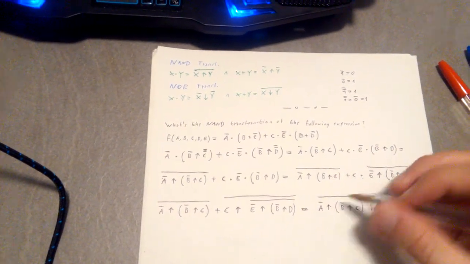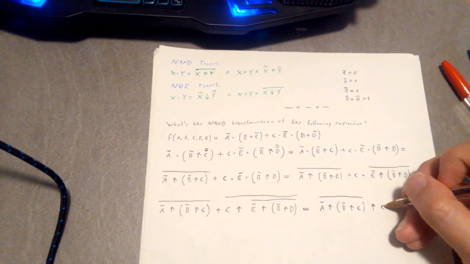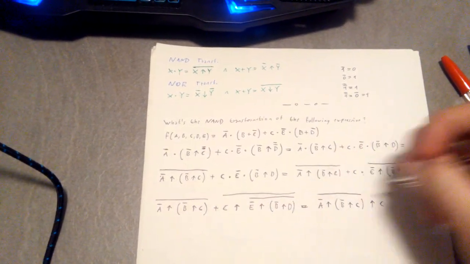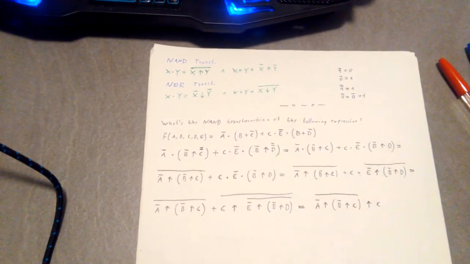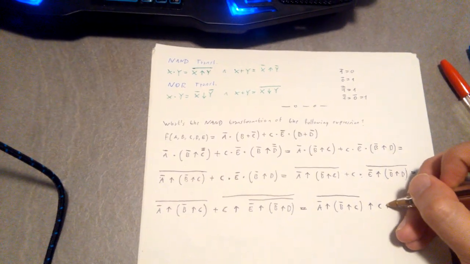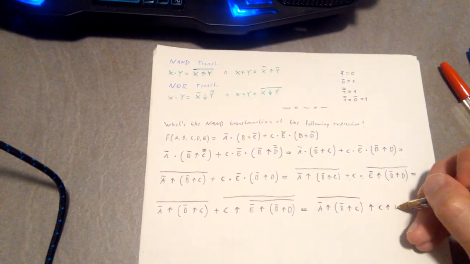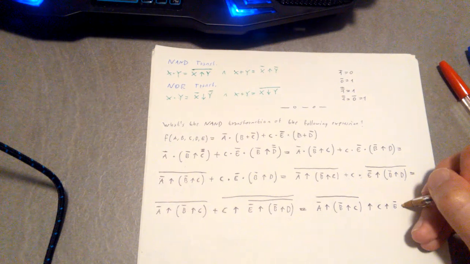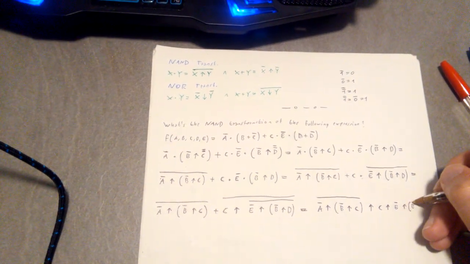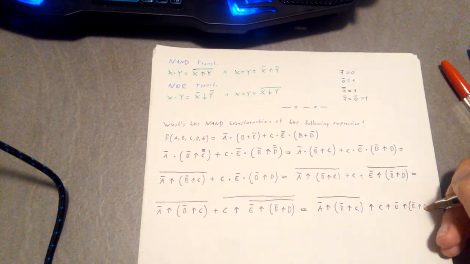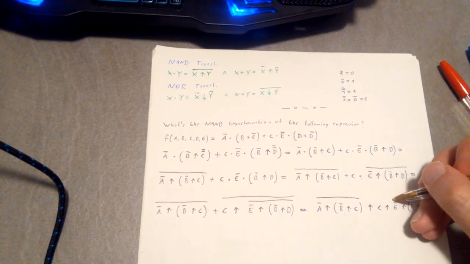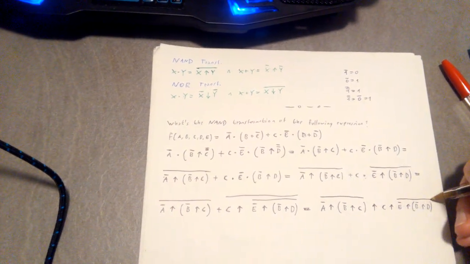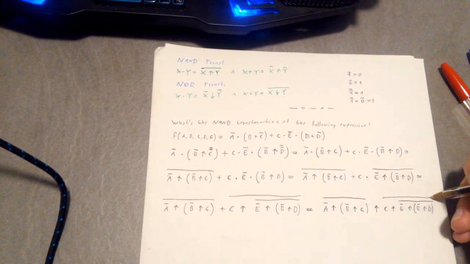Then we have the arrow upward instead of the plus. So we're going to rewrite this and then we're going to say, okay, not one and not the other. So c with arrow upward, e naught, arrow upward, b naught, arrow upward, d. Everything is going to be with a naught here and then a naught here, just like before.